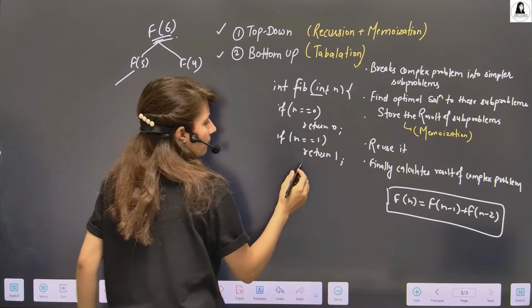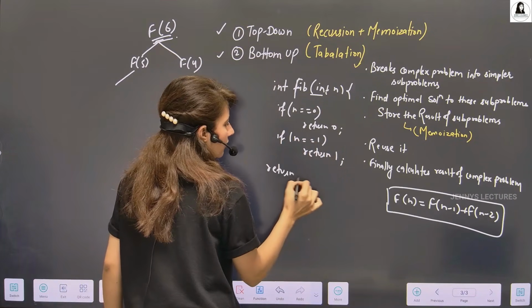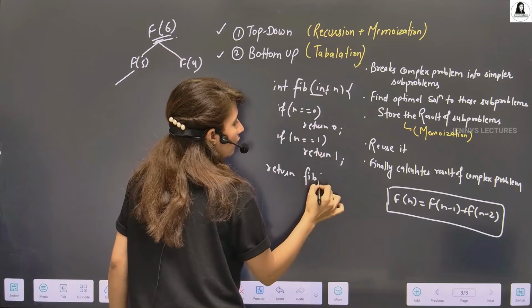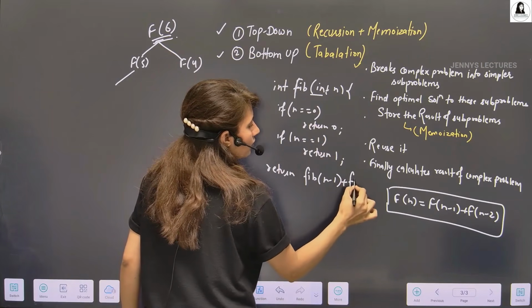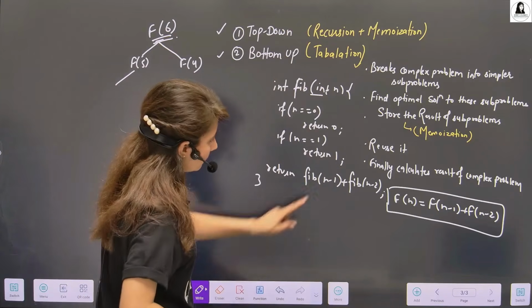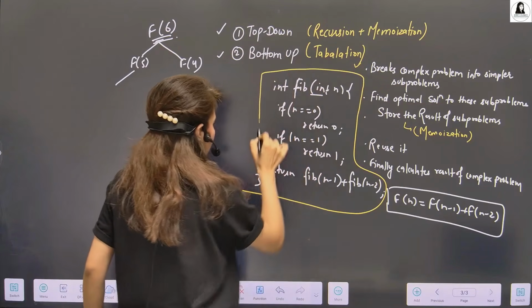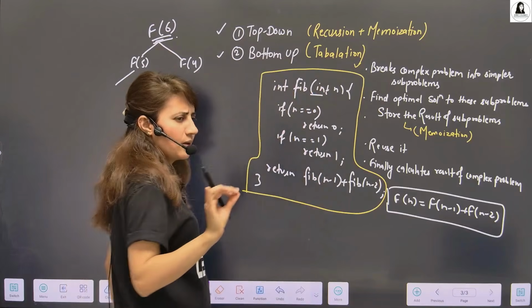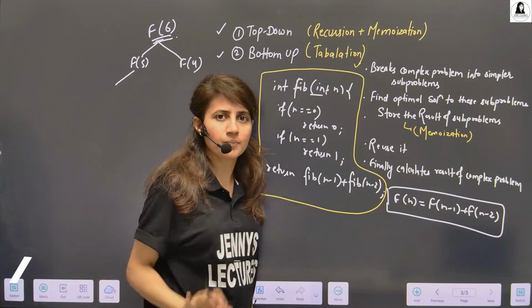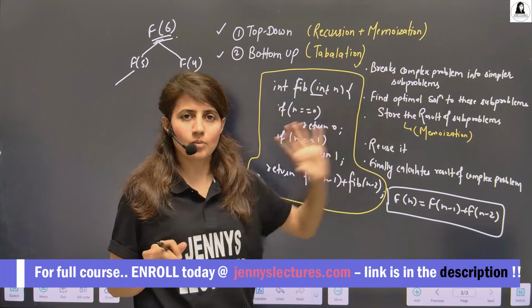Otherwise, we return fib of n minus 1 plus fib of n minus 2. This was the program. We have discussed this. I'm just taking this simple example to get you a little more familiar with DP. After this lecture, we'll solve DP problems.